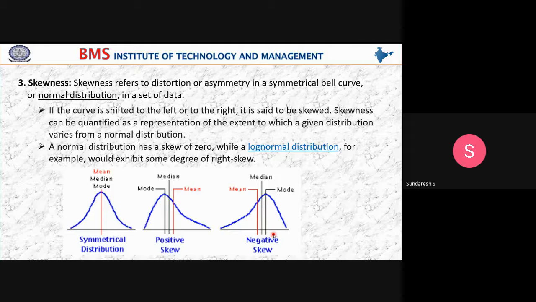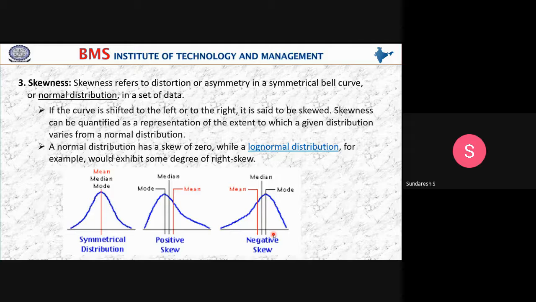So this is the concept of skewness. A simple understanding is that it is a distortion or asymmetry in a symmetrical bell curve. Please remember the bell curve is shifting either to the left or to the right.